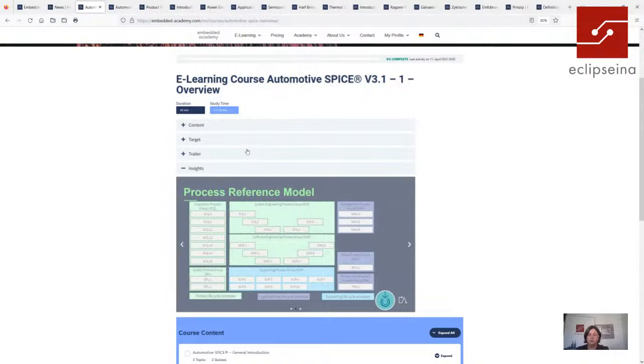So we put the focus on what will stay. This means once we have covered these, we have covered all the processes which will also be in the upcoming standard. And of course, we are going to work on the 4.0 version soon.